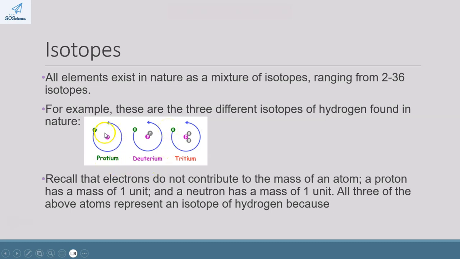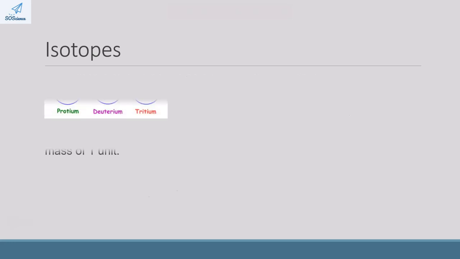A proton has a mass of 1 unit and a neutron has a mass of 1 unit. Now, all 3 of these isotopes represent hydrogen atoms. How do we know that? Well, that's because they each contain one proton. And the number of protons in the nucleus of an atom is what defines its identity.